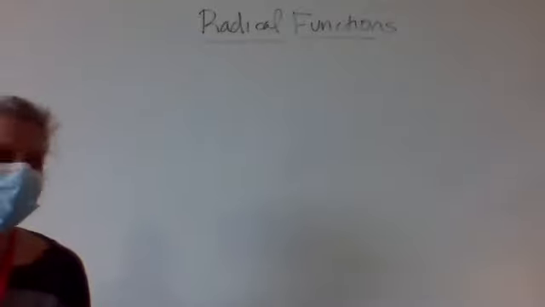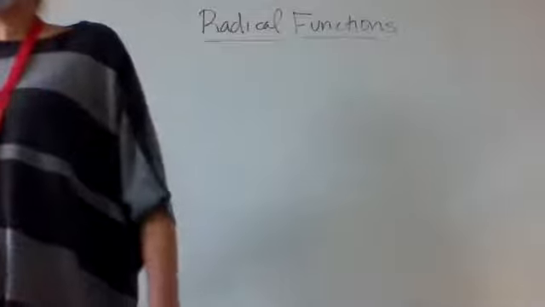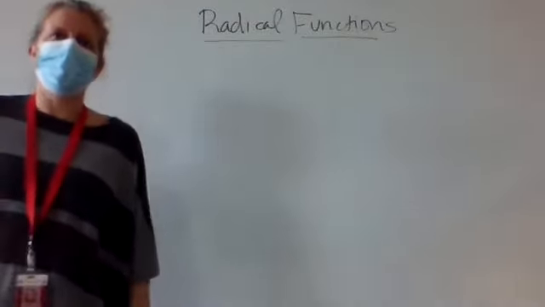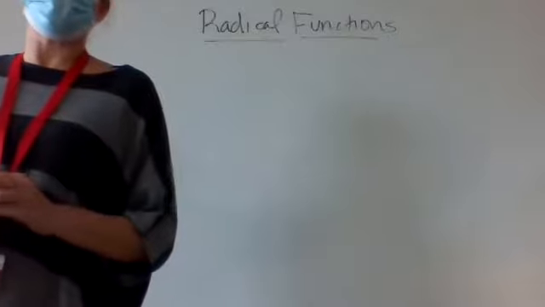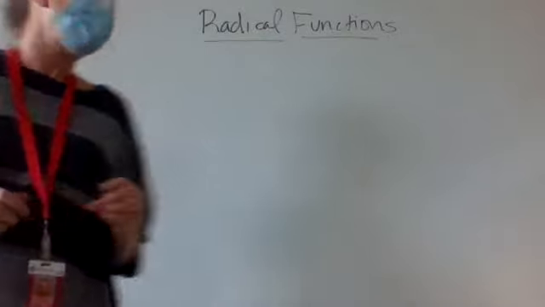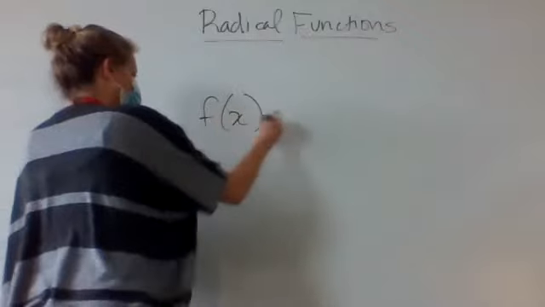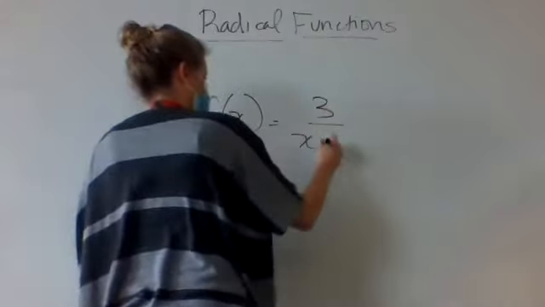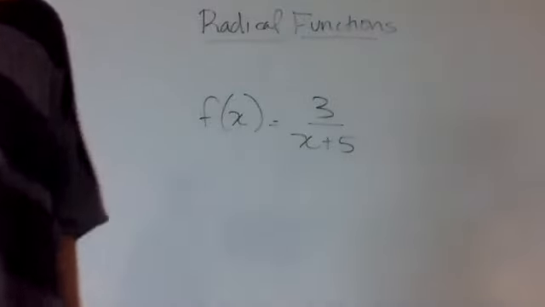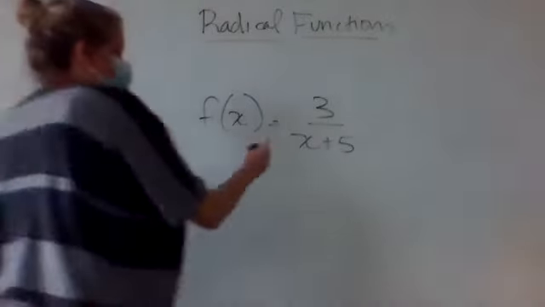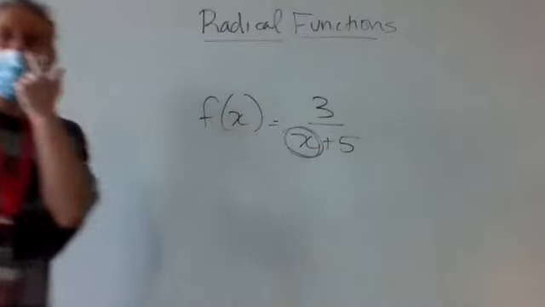Okay, so square root functions, let's talk about the domain of them first. Okay, now remember, sometimes you have restrictions in your domain, correct? When we had those functions, this isn't a radical one, but if you had a function that looked like this and you were finding the domain of it, remember you would have had a restriction in it because the denominator can't equal 0.